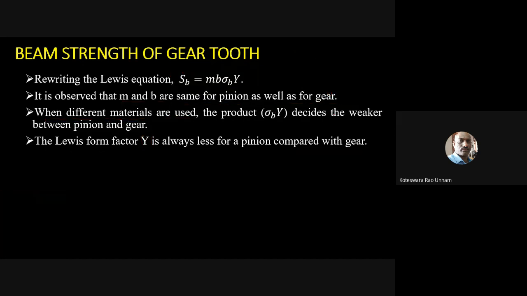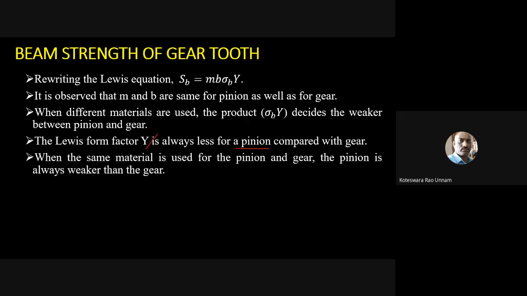So the pinion always has the lesser Y factor, or Lewis form factor. Therefore, when the same material is used for pinion and gear, the pinion is always weaker than the gear, because with the same material σ_b goes out of the equation, and only Y decides which one is weaker.